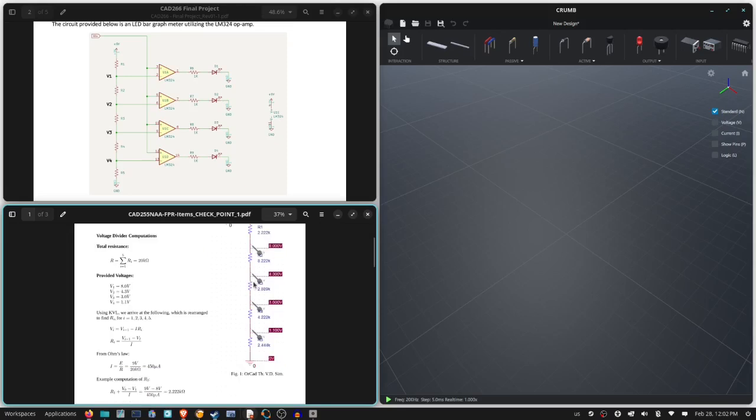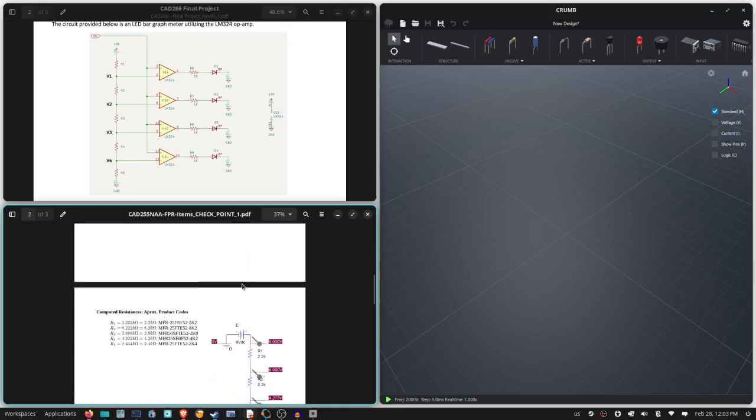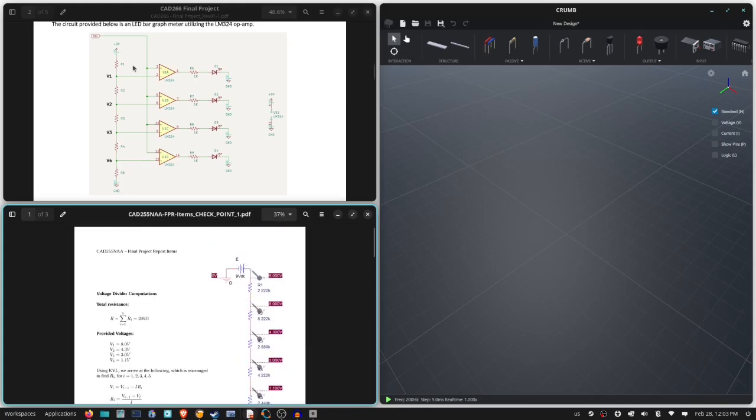And we come up with these theoretical values of 2.22K, 8.22K, 2.9K, and then 4.22K, 2.44K. So we can't get those exact values, but we can get pretty close. And so that's basically what we did to divide up our voltages in each intermediary step to get a reference voltage for each of the op amps.